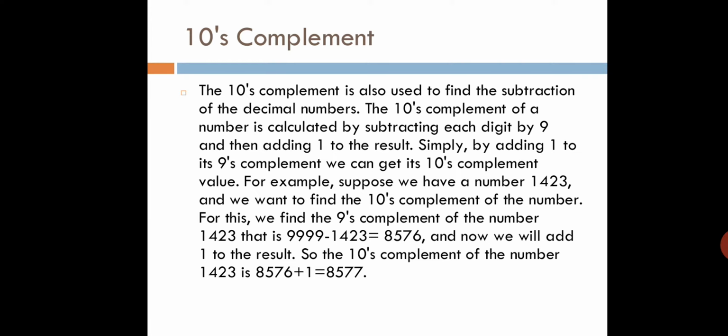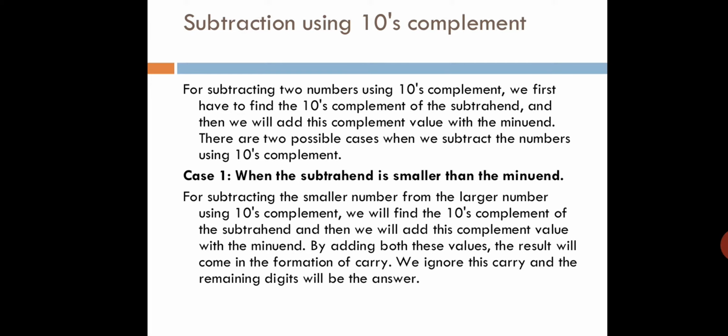We will see the cases also. In 10's complement also we have cases. Subtraction using 10's complement: how exactly are we going to do it? For subtracting two numbers using 10's complement, we first have to find the 10's complement of the subtrahend, and then add this complement value to the minuend.